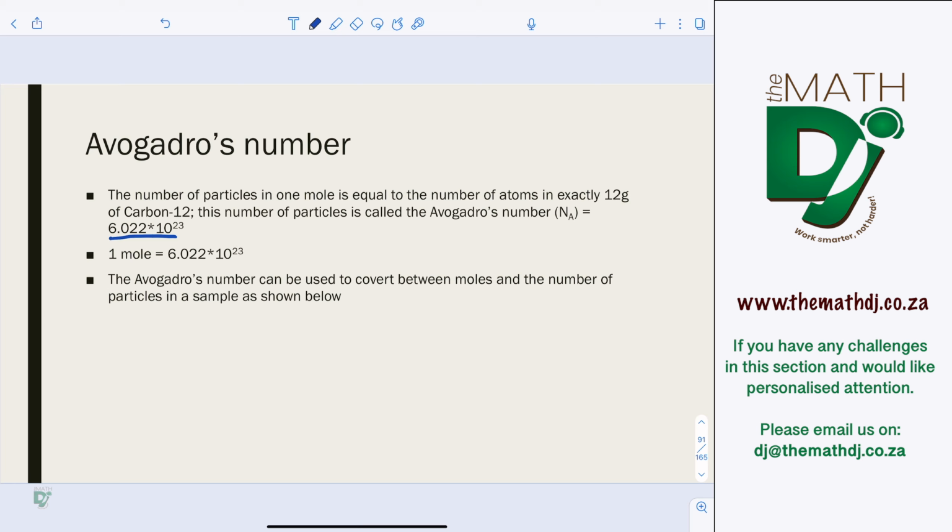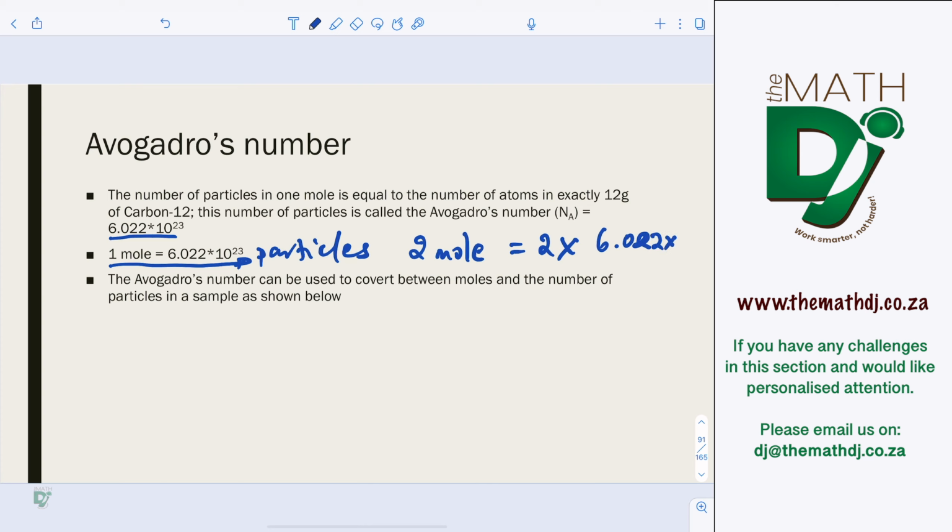So 1 mole of an element, of an atom, has this number of particles. They are represented by Avogadro's number. If it's 2 moles, it will be 2 times 6.022 times 10 to the power 23.